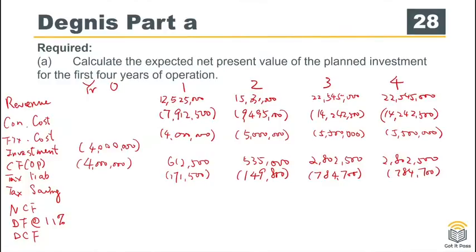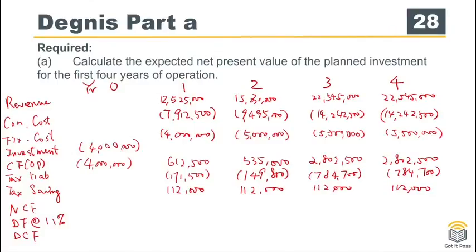And for the tax saving, because we have the depreciation charge that can be saved, for the first year, it is the same across all the years, because it is straight line depreciation, which is included here.